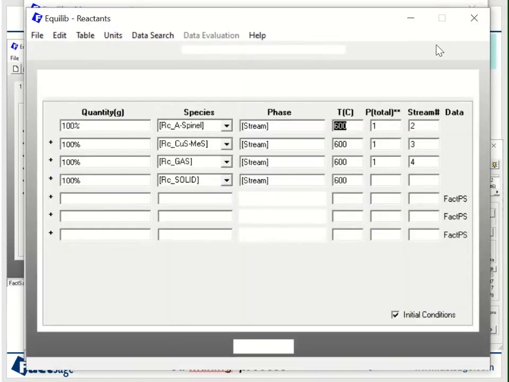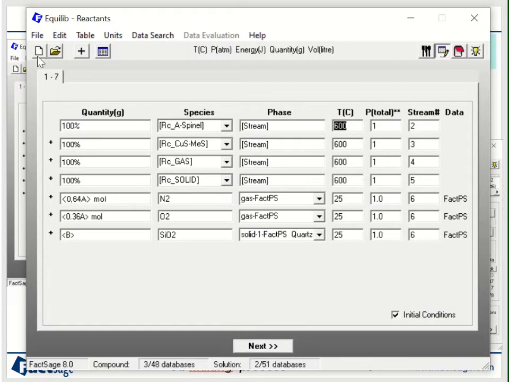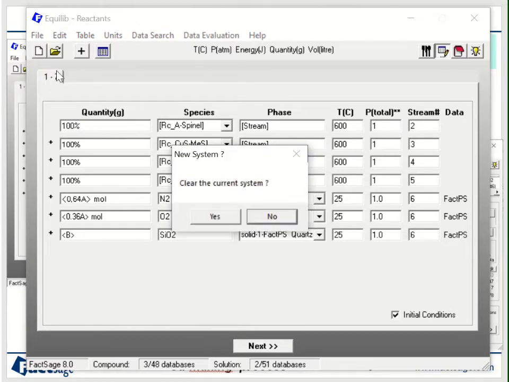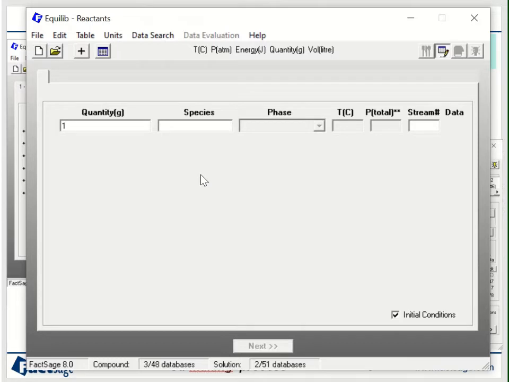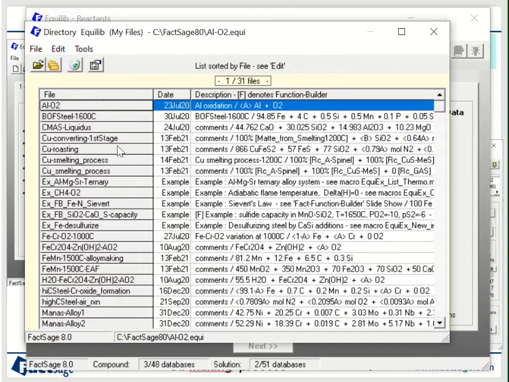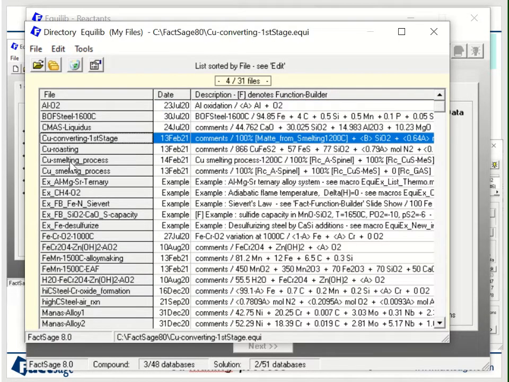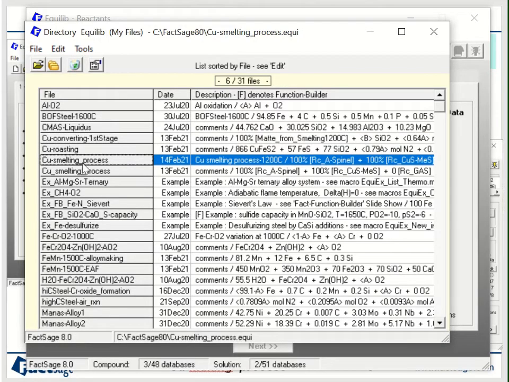Okay, and then whenever you do some other calculation, you can just say new, and then you do all the calculations. So everything is gone, but after probably a couple of months or a year later, I want to redo this calculation. And sometimes you cannot remember what you have done, but you can go open, and then you can find that one. So that was the copper smelting process.